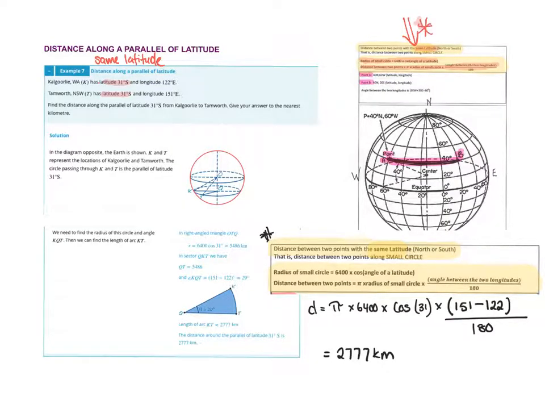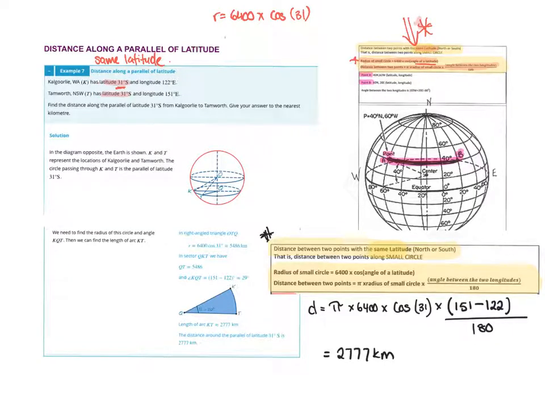I've looked at my sheet. I know it's got the same latitude. So I've first got to find the radius. The way you find that is 6,400 times cos and the angle of latitude. So what's the angle of latitude? 31. So you'll do that.